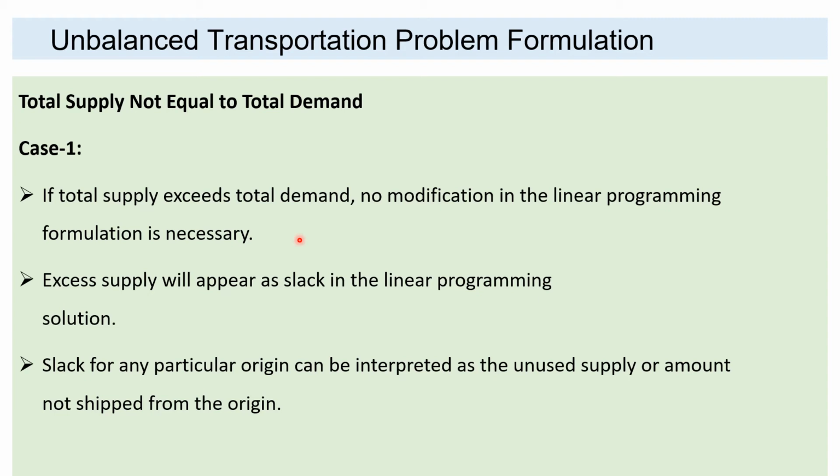If the supply exceeds the total demand, the excess supply will appear as a slack in the linear programming solution, and slack for any particular origin can be interpreted as unused supply or amount not shipped from the origin, because the supply is greater than the demand, so the demand is fulfilled with only some portions of the supply.